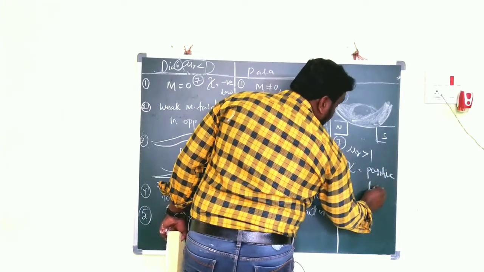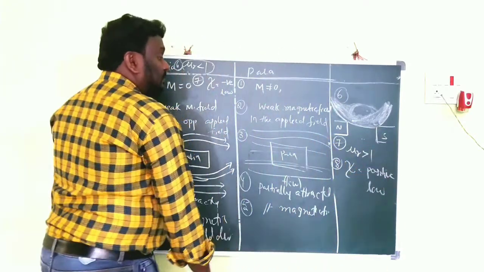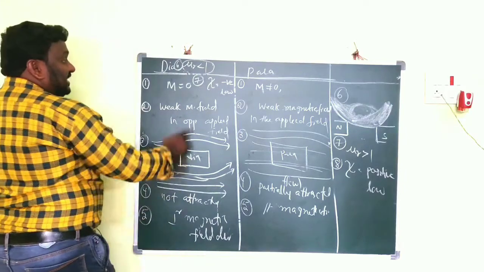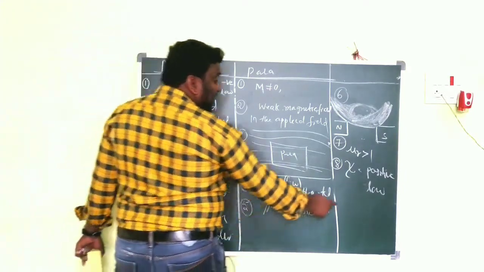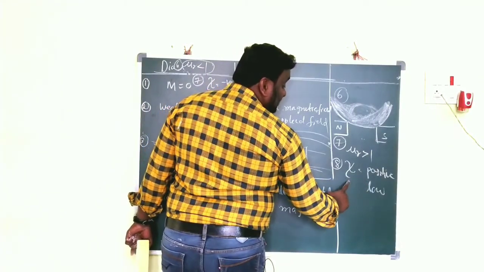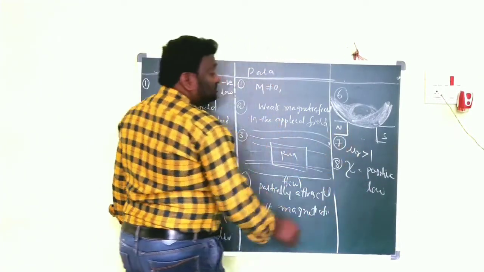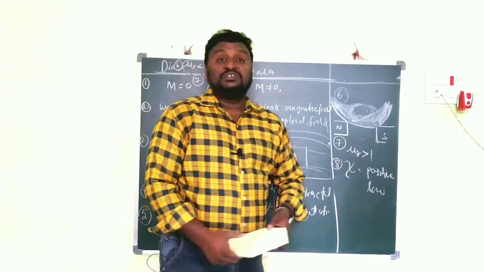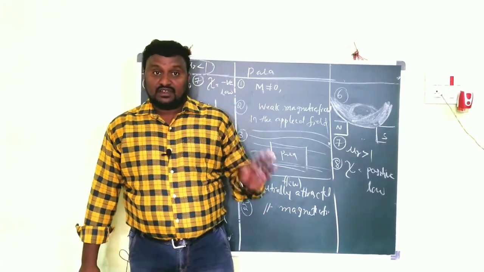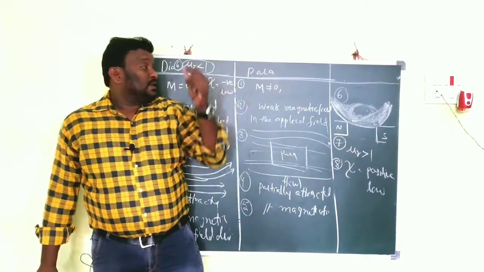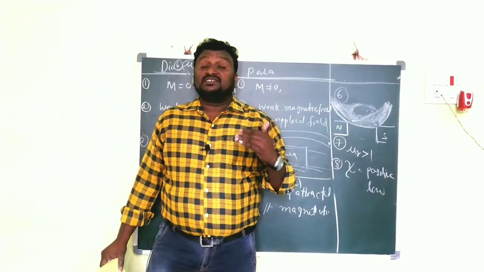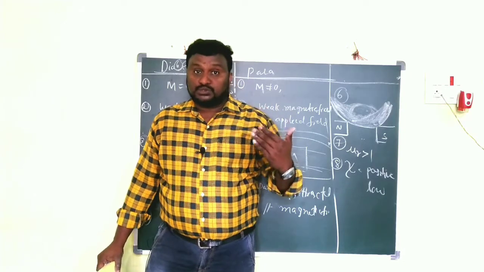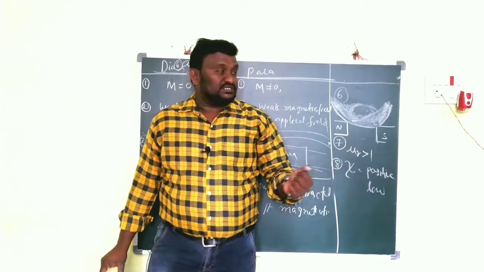In case of diamagnetic substance, it is low and negative, and for paramagnetic substances it is low and positive. So this is about properties of paramagnetic substances. The paramagnetic substance has a resultant magnetic moment value not equal to 0; it is low and positive, then only it is called paramagnetic substance.